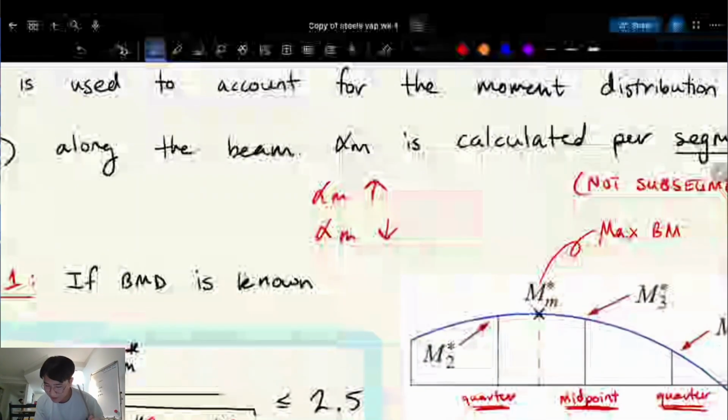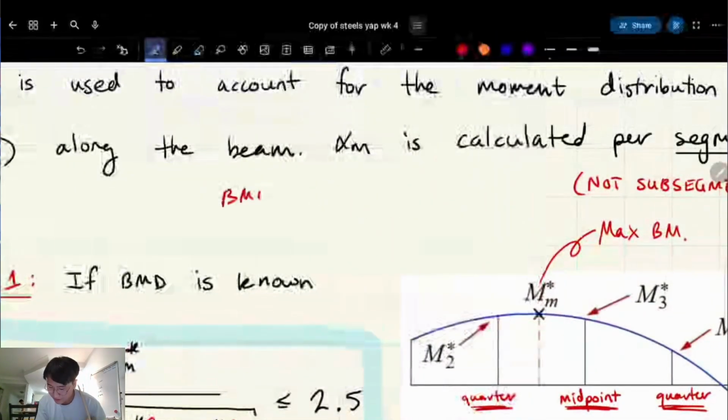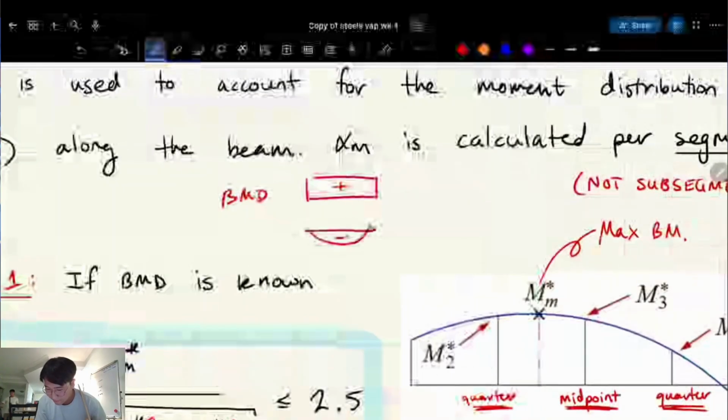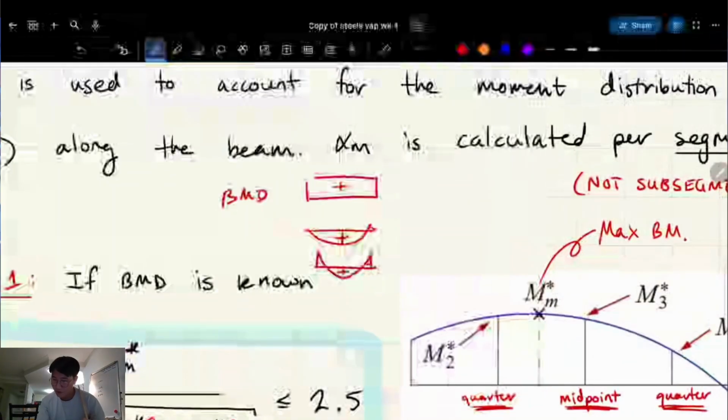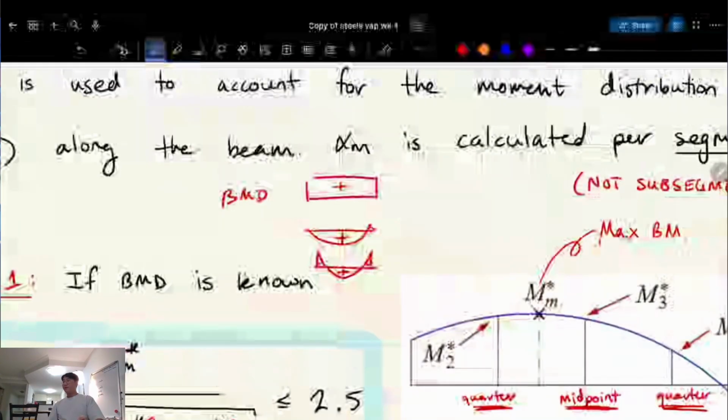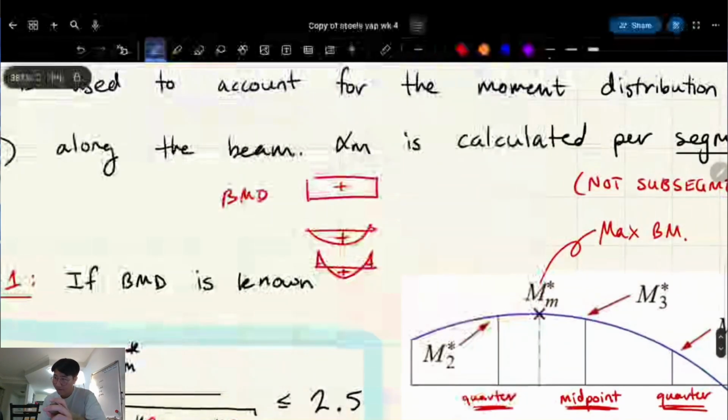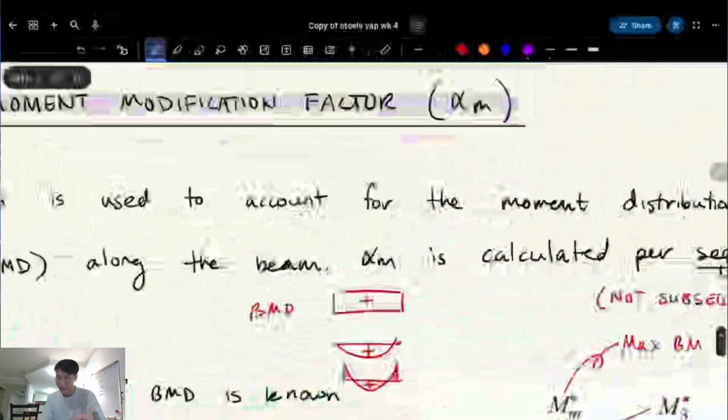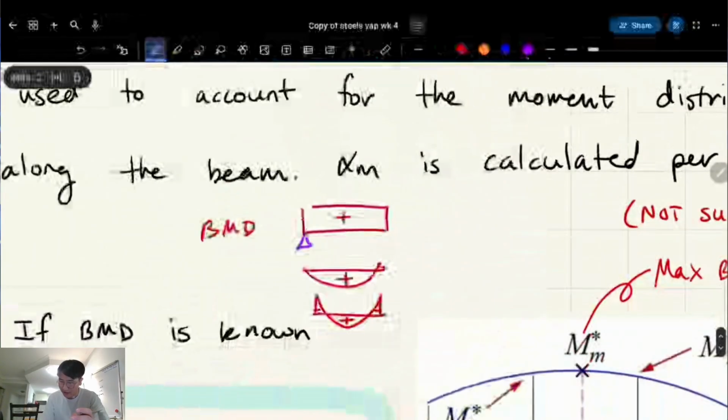So I'm going to draw you 3 bending moment diagrams, and you tell me which one's the best for the capacity. There's this one, this one, and this one. One means the best, 3 means the worst. This is the simply supported case, by the way, nothing to do with cantilever.